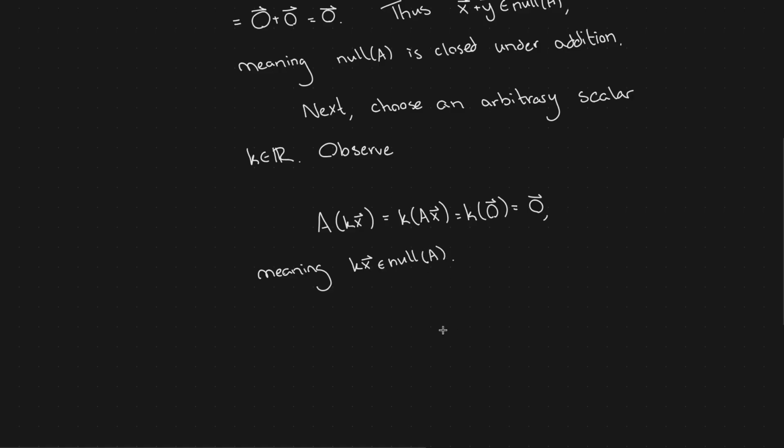I didn't assume anything special about the scalar. The scalar could have been any scalar. I didn't assume anything special about vector x. x could have been any vector in the null space of A, which means the null space of A is closed under scalar multiplication.